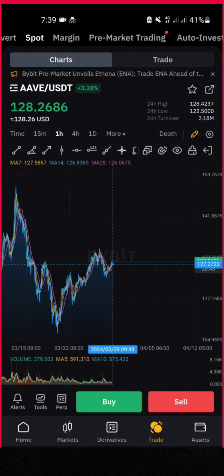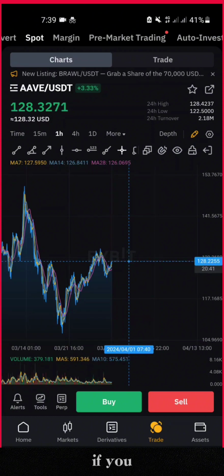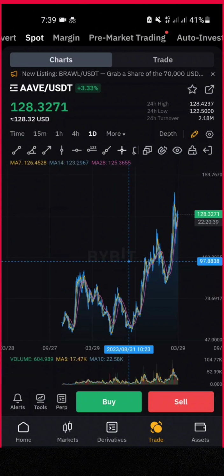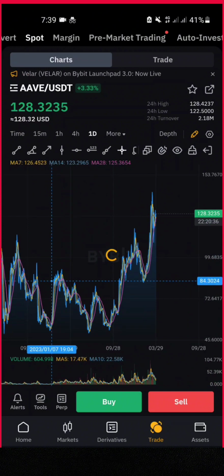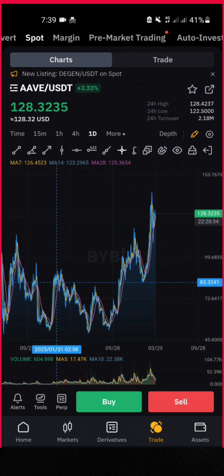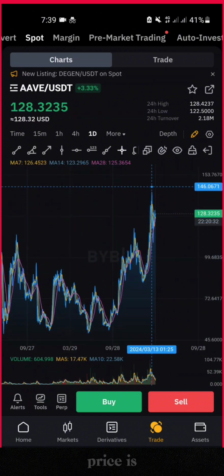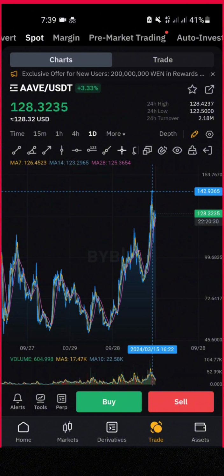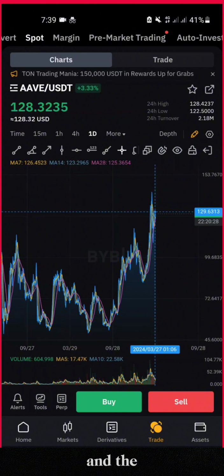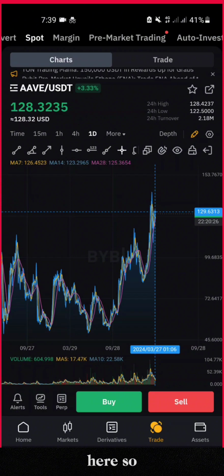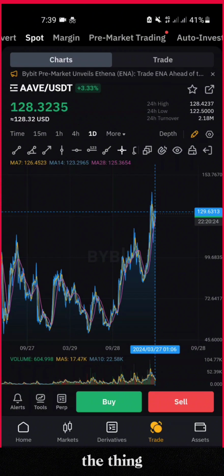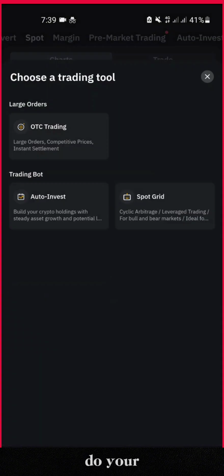So this is the 1 hour chart. If you want to see the 1 day chart, this is the 1 day chart. The price is now here, and this one is here. So yes, you can do it your own way.